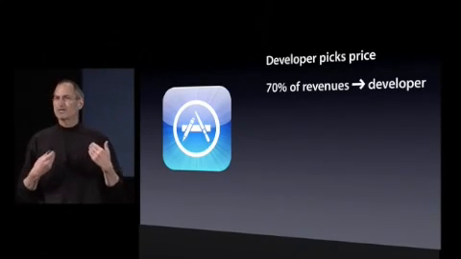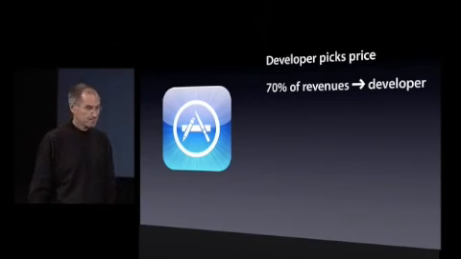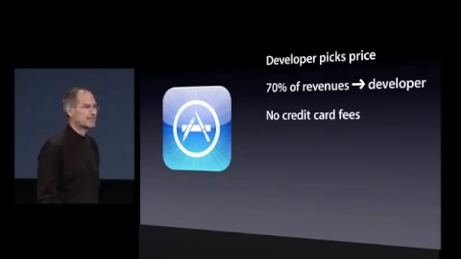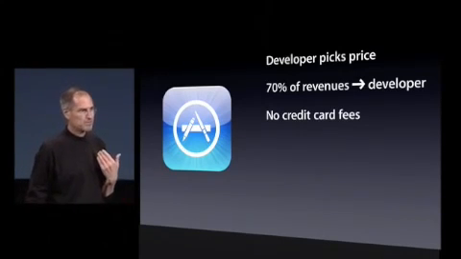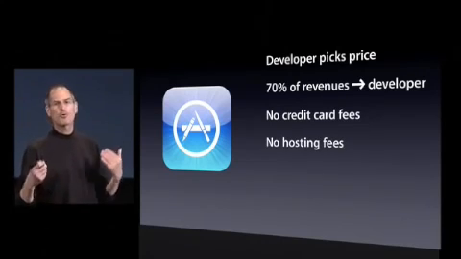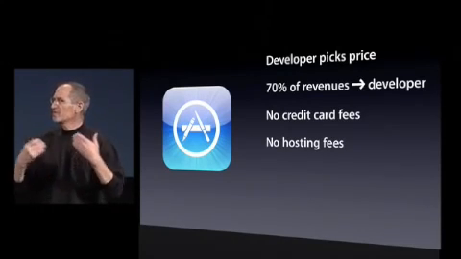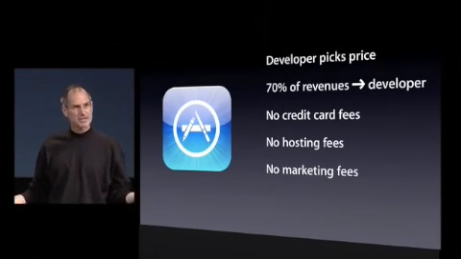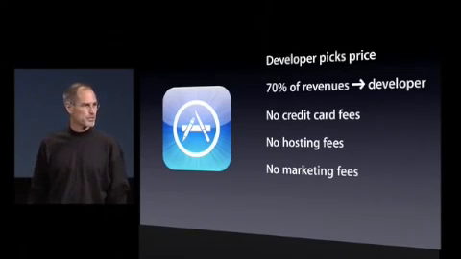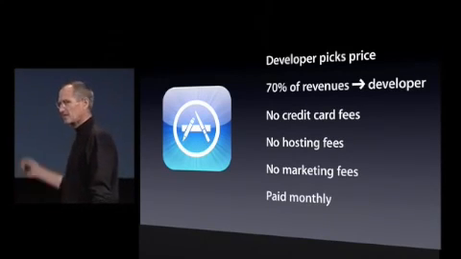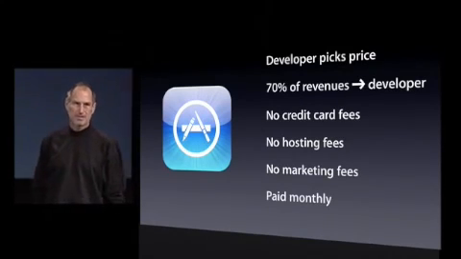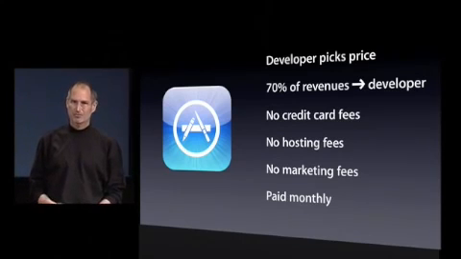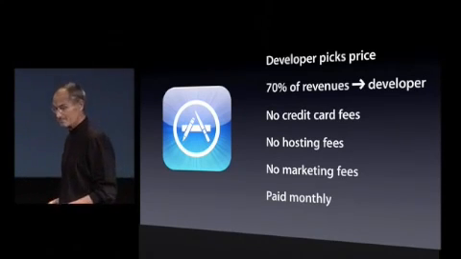We keep 30% to pay for running the App Store. There are no credit card fees for the developer. We take care of all that. There are no hosting fees for us hosting the app. We take care of all that. There's no marketing fees. The developer gets 70% of the revenues, and it's paid monthly. This is the best deal going to distribute applications to mobile platforms.